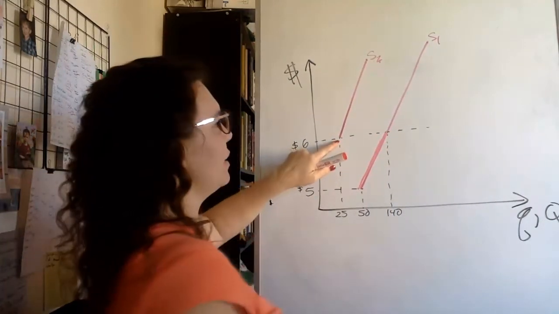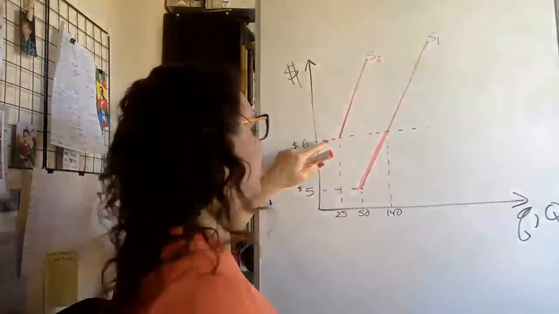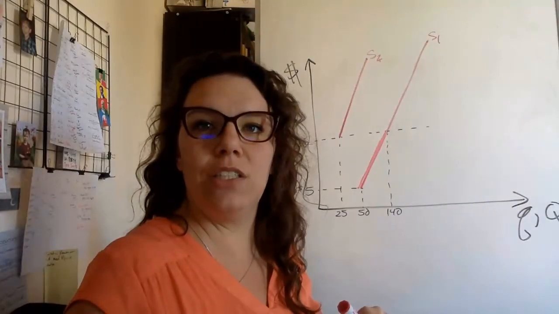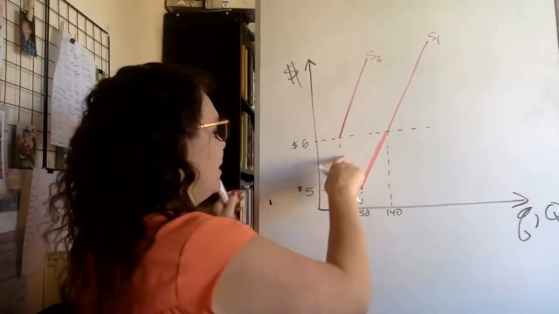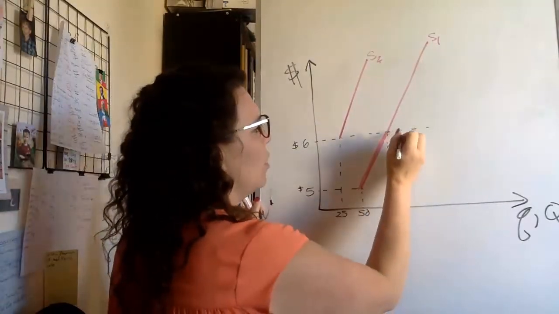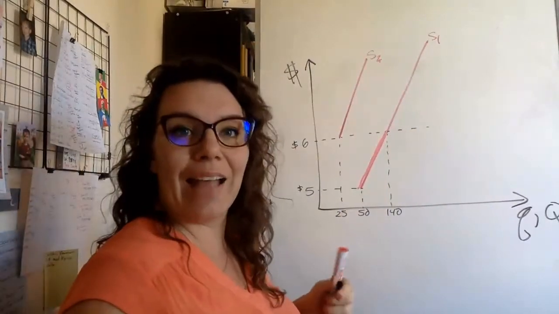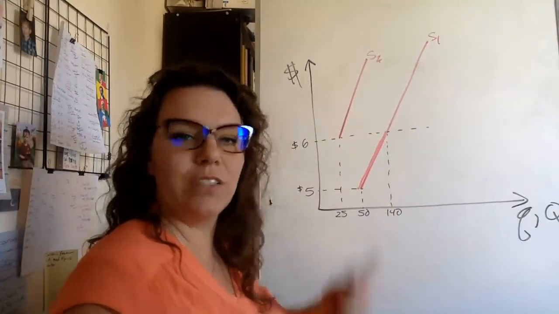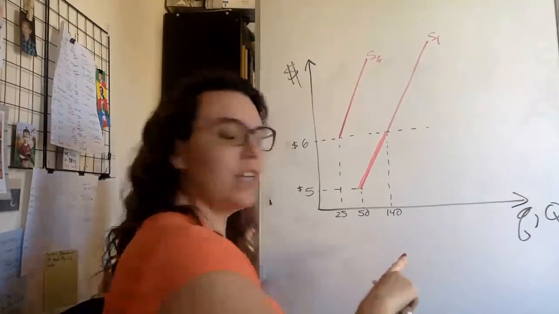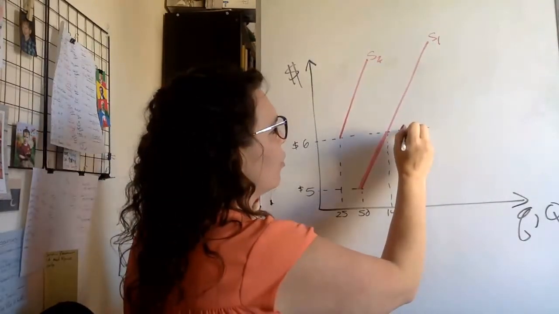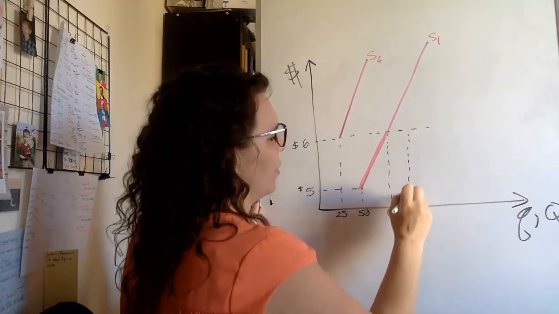At this point, S2 enters the market at a price of $6, and what they're going to do then is contribute, right? They're going to sell their additional 25 units. So now the quantity supplied at that price of $6 isn't just 140 that S1 is providing. Firm 1 is providing 140 units. Firm 2 is providing another 25 units.